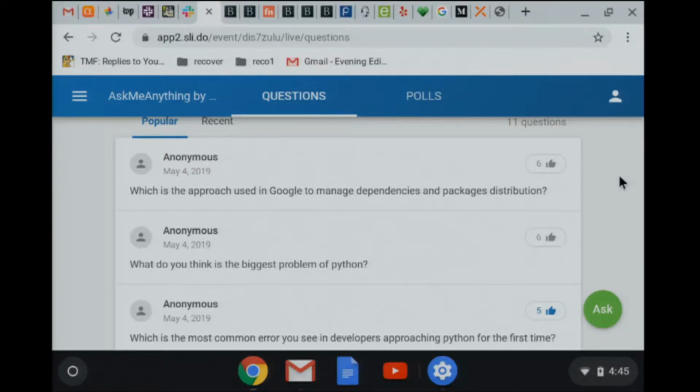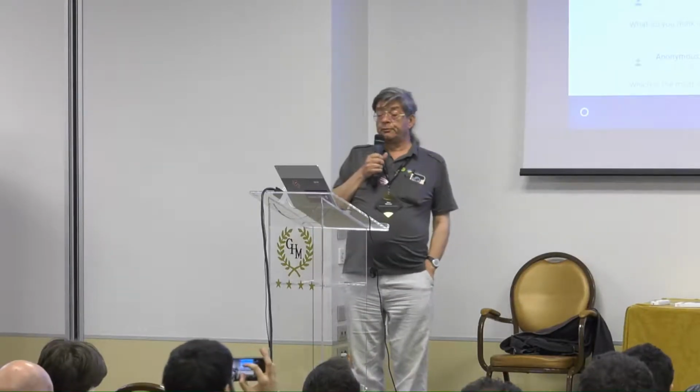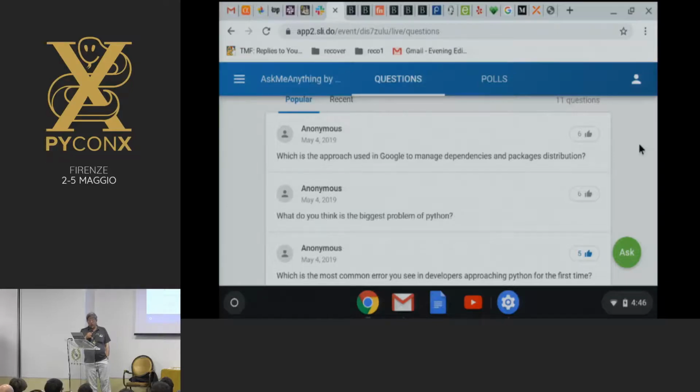So if there's any contradiction between what I'm saying about these and what I'm saying impromptu, the more reliable ones are the asked ones. So, first of all, what is the approach used in Google to manage dependencies and package distribution?